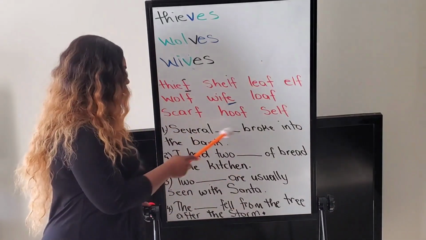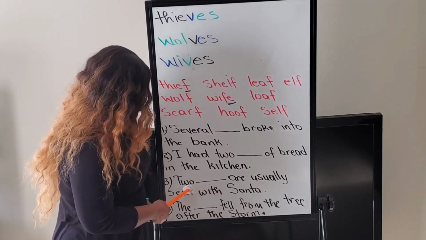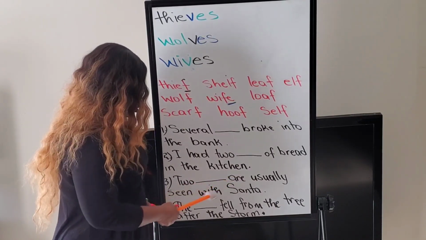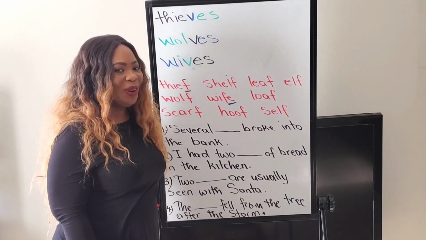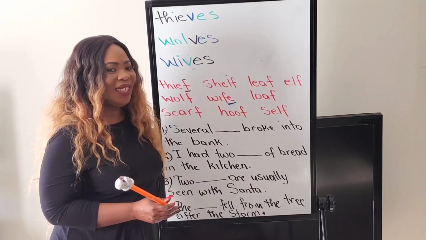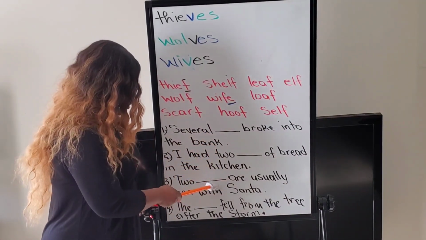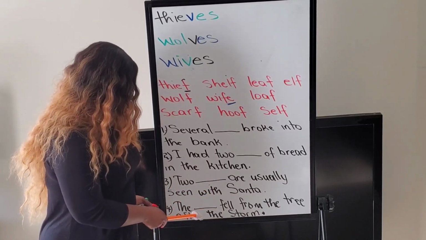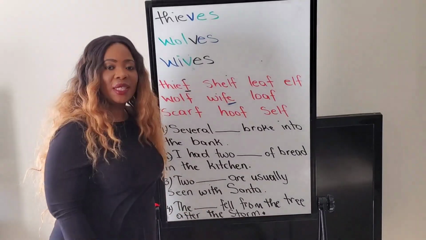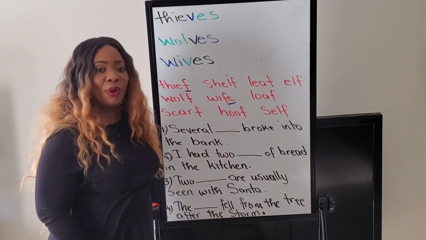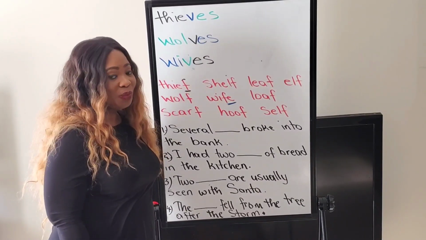Now, what would it be from here? Again, remember to pluralize it. Number 3, 2 dash are usually seen with Santa. You know that one, don't you? Select one of these, pluralize it, put it on the line. And the next one, the dash fell from the tree after the storm. Which of these could you pluralize that would fall from a tree after a storm?